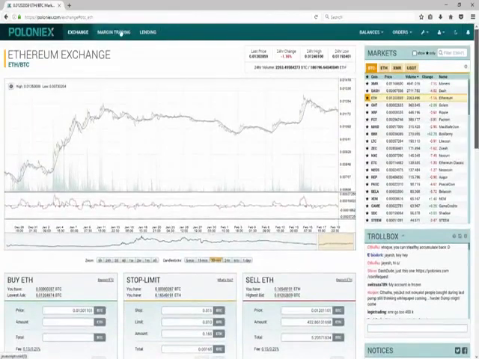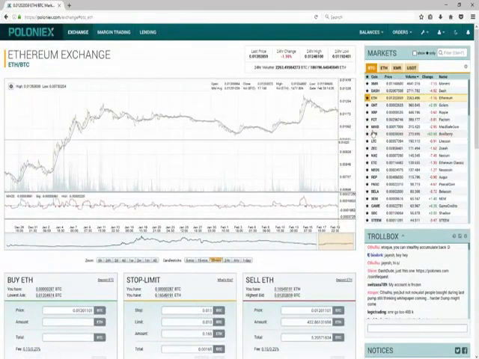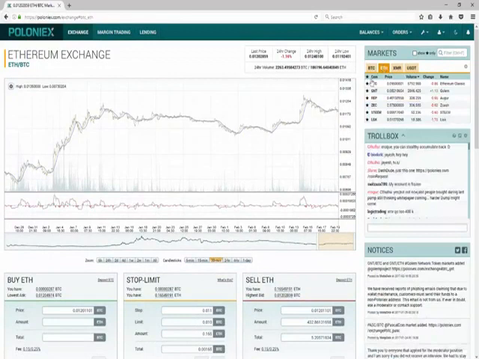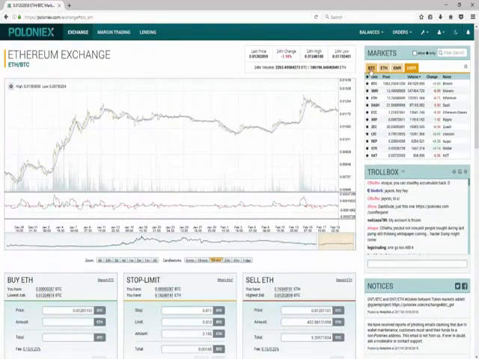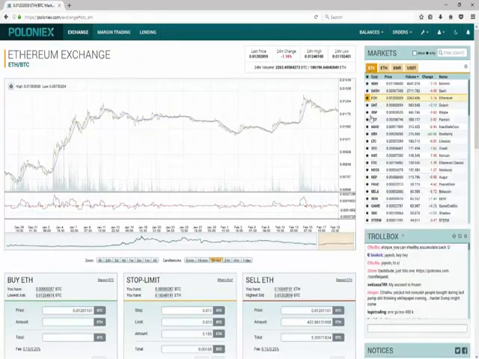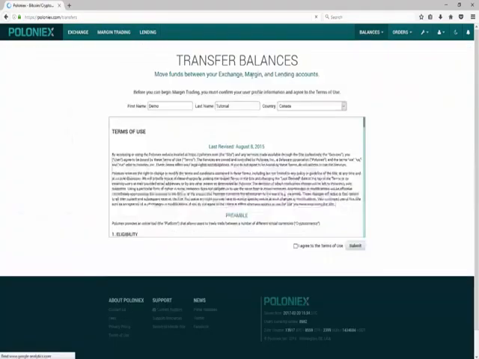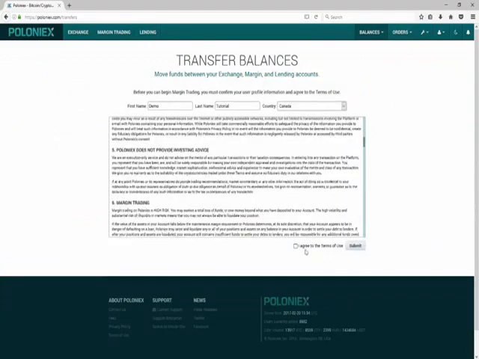So now that's exchange, and you could trade on the Ethereum markets, the Monero markets and the USDT, but I like to just stick with the Bitcoin markets because they're the most liquid. So if I want to transfer balances between exchange and margin, for example, I just click on transfer balances. I just have to do agree.